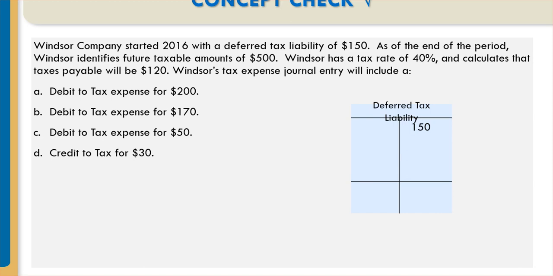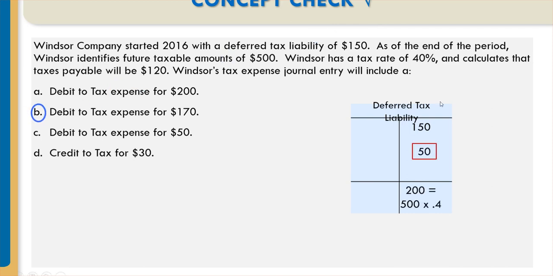At the end, we identify future taxable amounts of 500, and we have a tax rate of 40%. And we know that taxes payable for the year is going to be 120. So you're going to take some of this information and plug it in there, and try to figure out what your journal entry is going to look like. So let's talk our way through this thing.